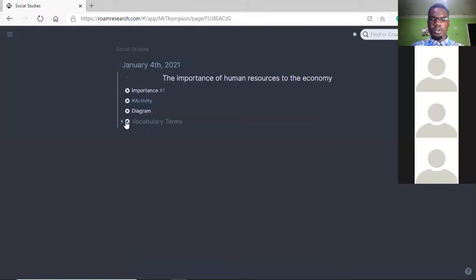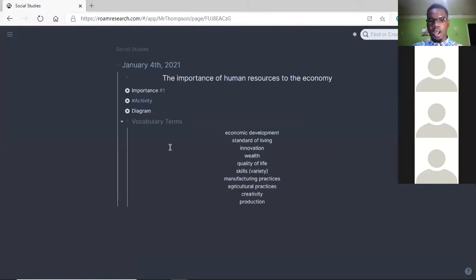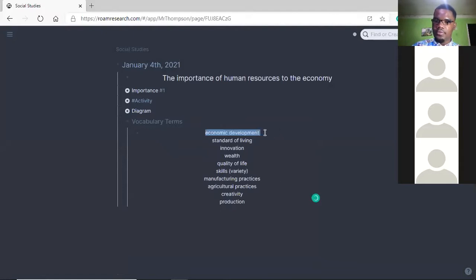Okay. So before we continue again, I always try to give you the vocabulary terms. So if you miss something, you can always just say, okay, this is where I left off. So let's look at some definitions. Creativity, we know from the factors of human resource, was just innovation and imagination to develop something new, right?